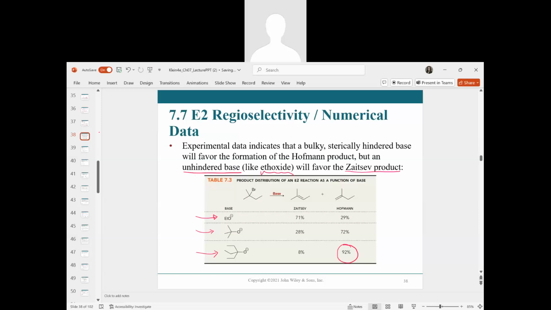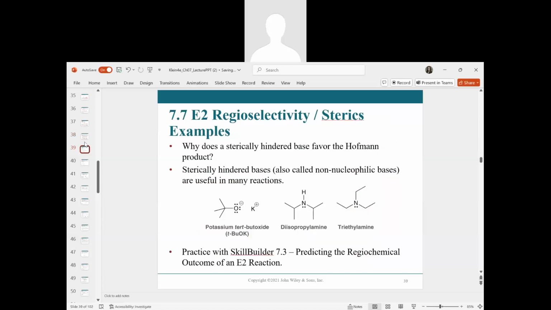And again, that has to do with sterics and the fact that this bulky and hindered base, so this is the bulkiest down here, would be unable to deprotonate our alkyl halide in an area that the more highly substituted alkene would result.